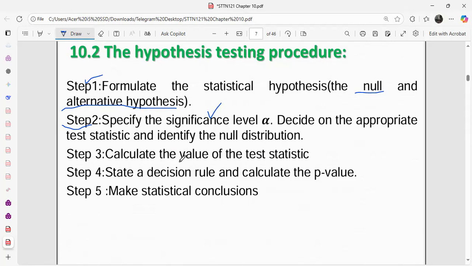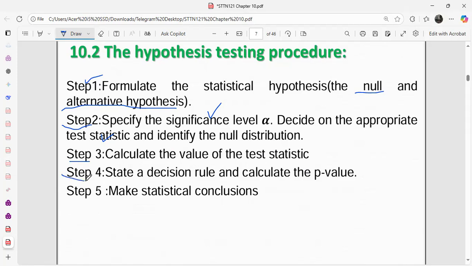Step number 3 is when you calculate the value of the test statistic. On step number 2 you wrote down the correct formula for the test statistic, then on step number 3 you substitute. Then step number 4, you make a decision. You state a decision rule and you calculate the p-value.